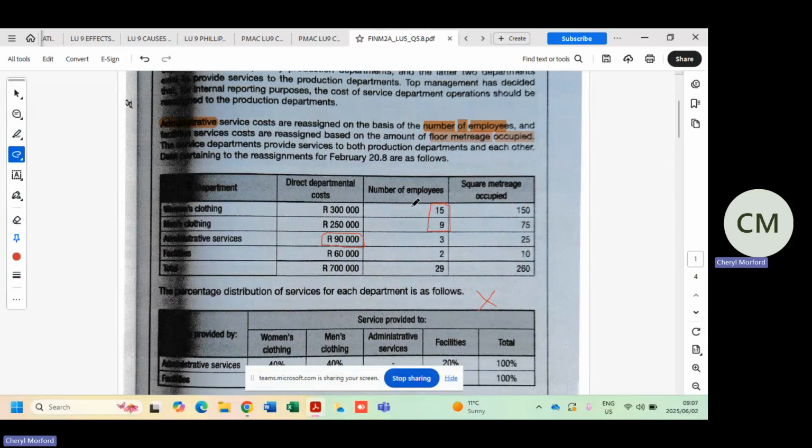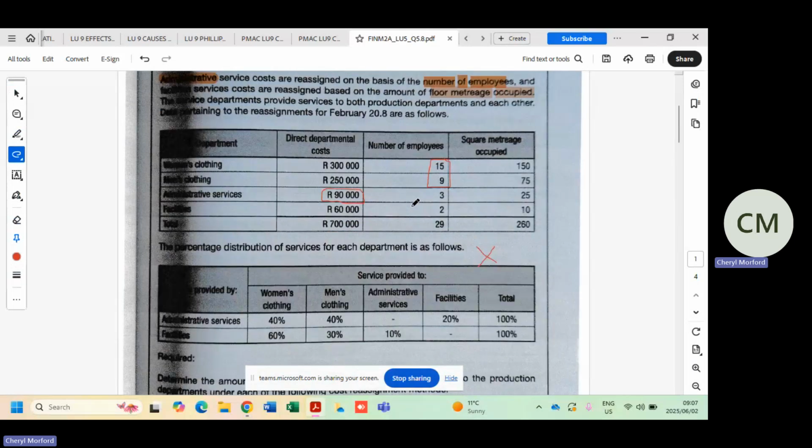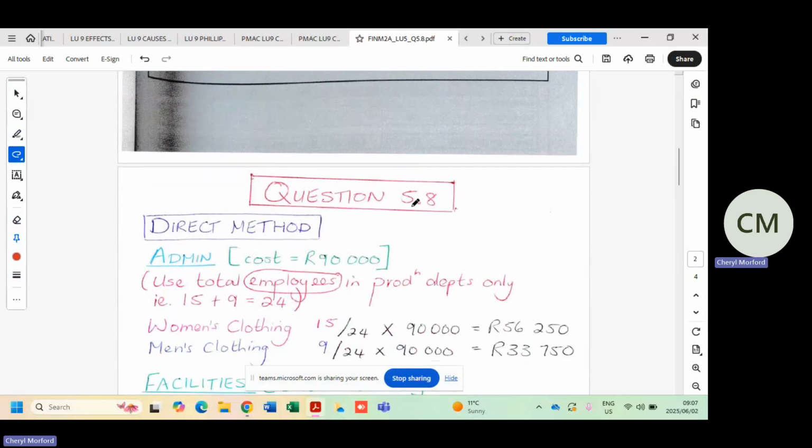So 15 people work in the women's clothing and 9 in the men's. So all I'm going to do over here is take this 90,000, because that is the amount for admin, and split it two ways.